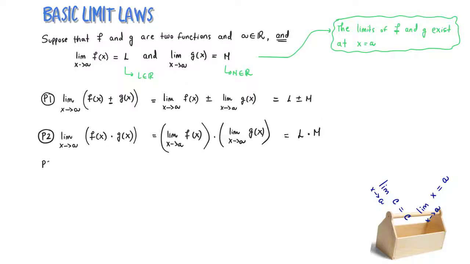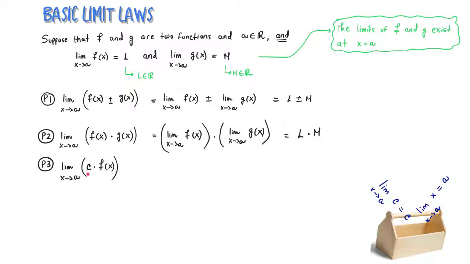Property number 3 will say, well, what if we need to take the limit as x approaches a of, let's say, c, a coefficient, times f of x. And this c over here is a numerical coefficient.